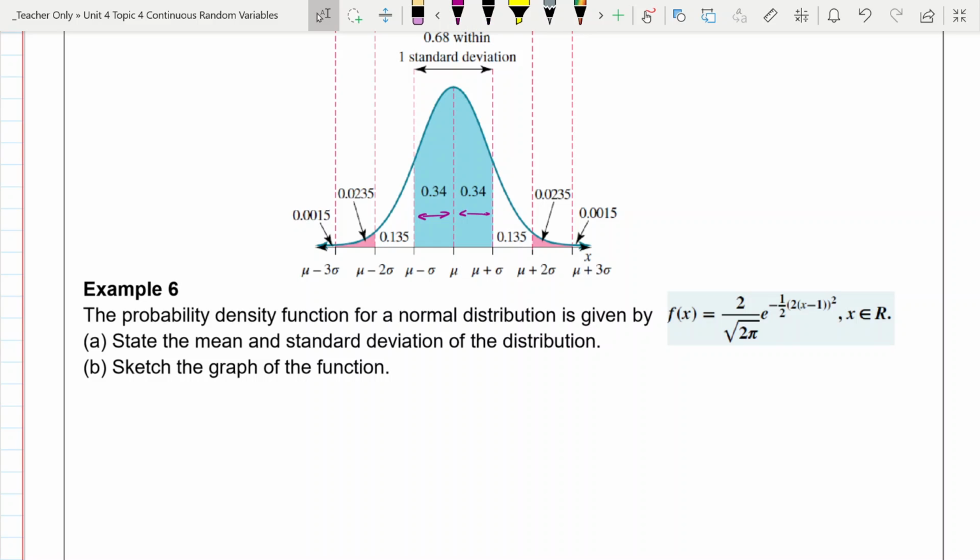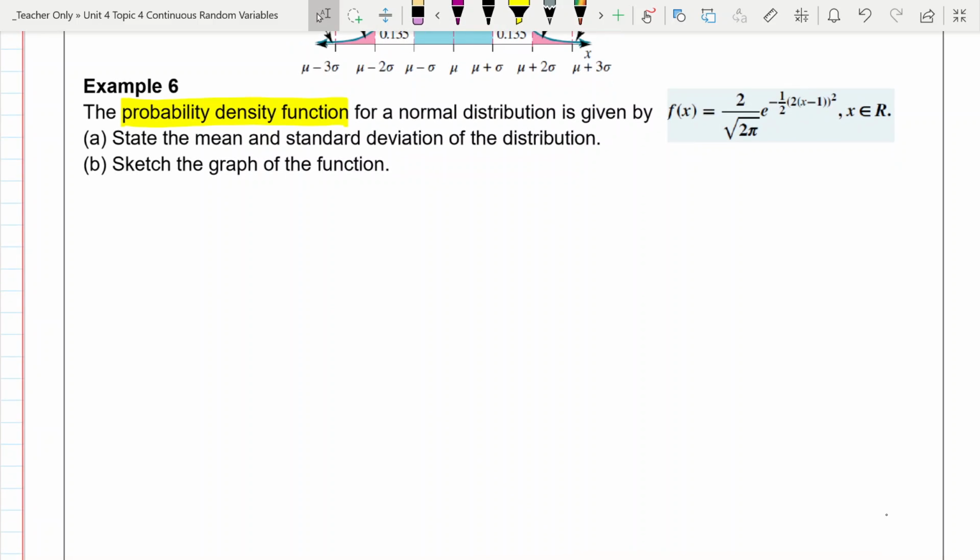All right, now here they're giving us a probability density function for a normal distribution, and it's that horrible formula. They want us to state the mean and the standard deviation and then sketch the function. So let's use our formula. The standard form is 1 over sigma root 2 pi, e to the negative a half, x minus mu over sigma, all squared.